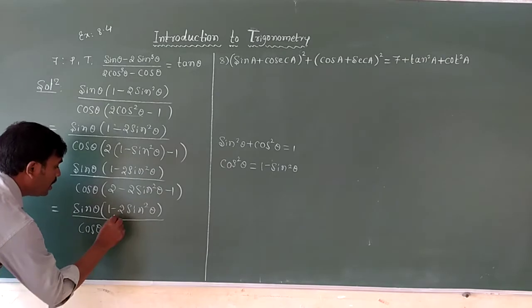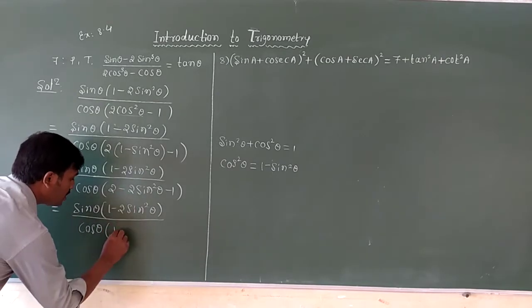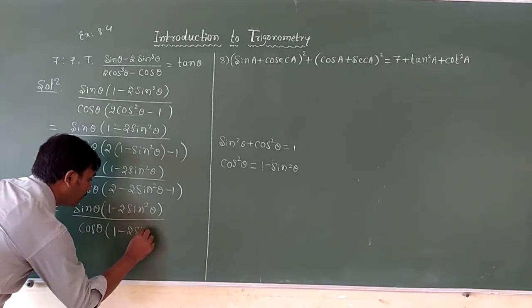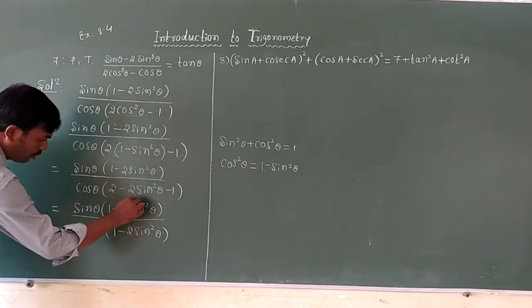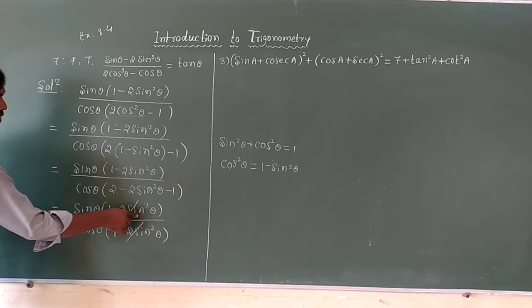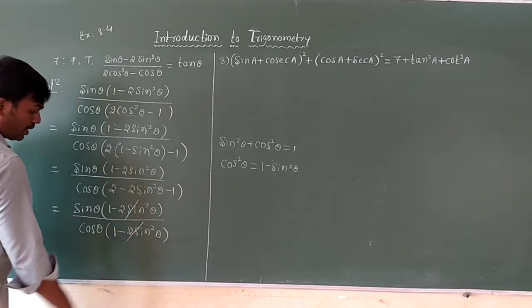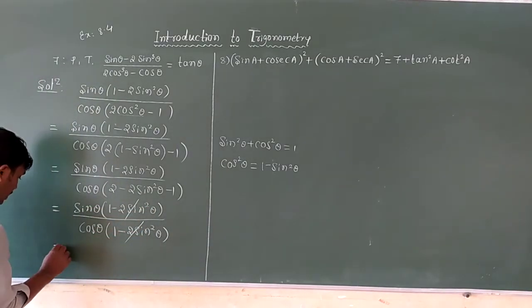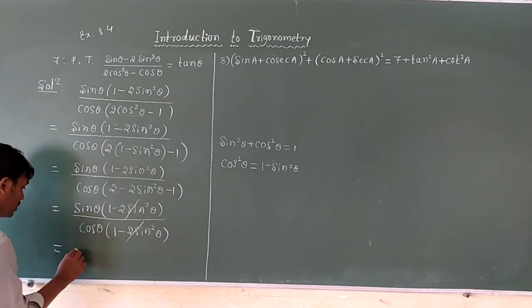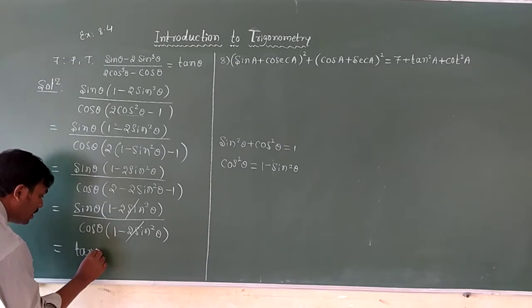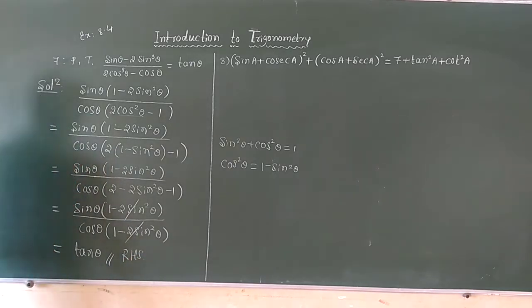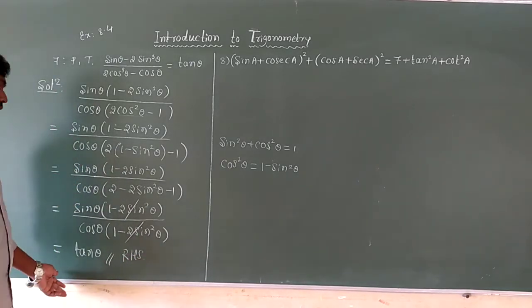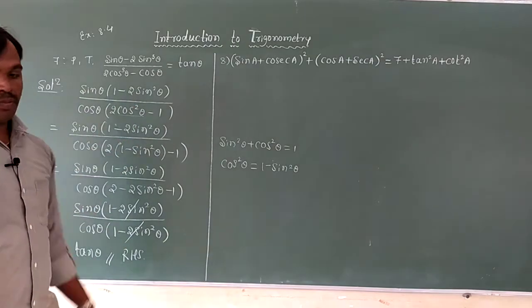So here it is 1 minus 2 sin square theta. So both these two get cancelled. 1 minus 2 sin square theta, 1 minus 2 sin square theta get cancelled. So this is equal to sin theta by cos theta, which is what? Tan theta. Hence proved. It is the RHS. In this way we can prove this, children. Okay, let us go for the next problem.